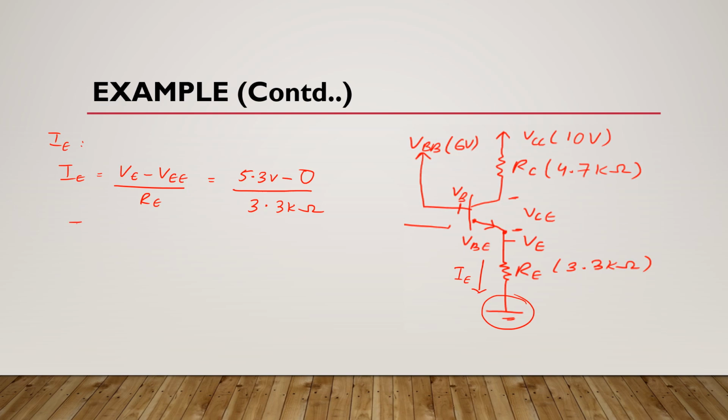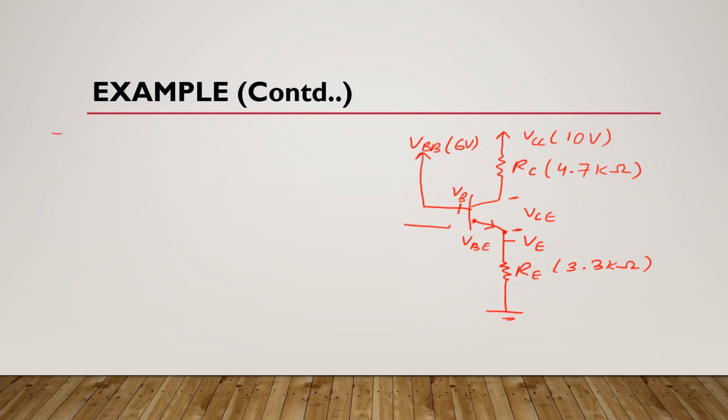After solving this, you will get 1.60 milliamperes. Okay. Now we know that the formula of IC is alpha IE. Here this alpha is 0.99 and IE is 1.60 milliamperes. After solving this, you will get the value of collector current, which is 1.58 milliamperes. Okay.